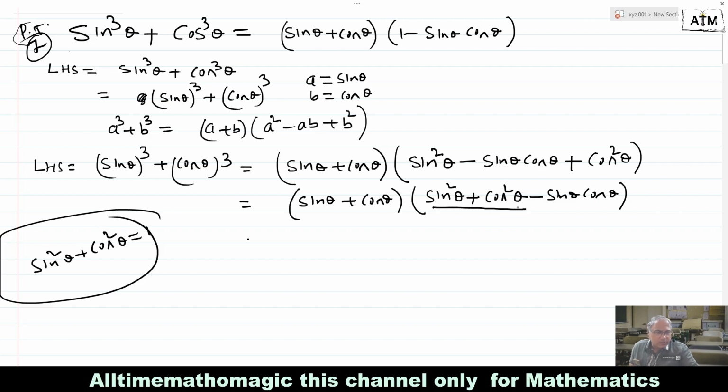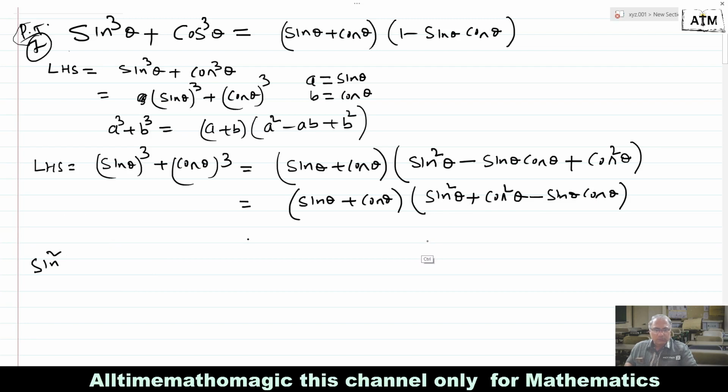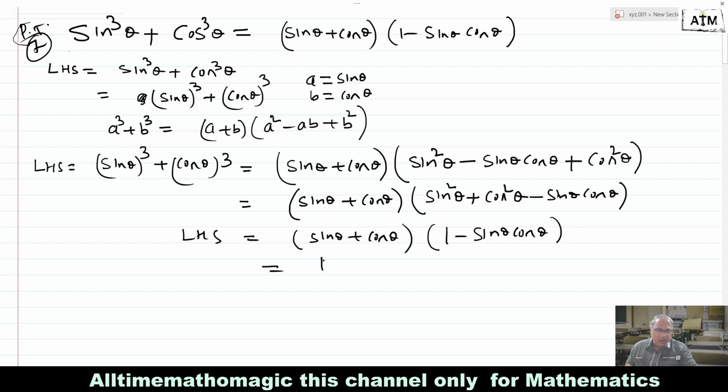So here, in place of sin square theta plus cos square theta, we can write 1. So LHS equals (sin theta plus cos theta)(1 minus sin theta cos theta). This is nothing but the required RHS. Therefore LHS equals RHS, proved.